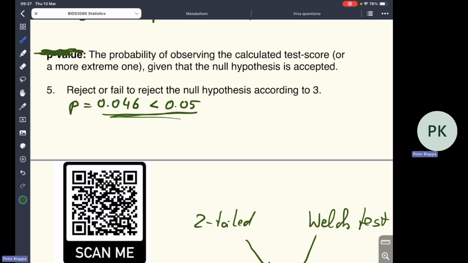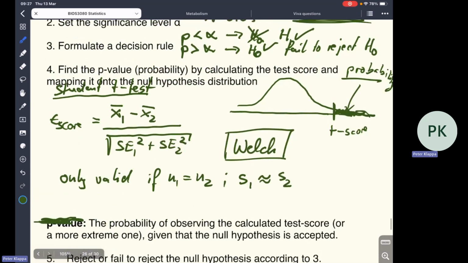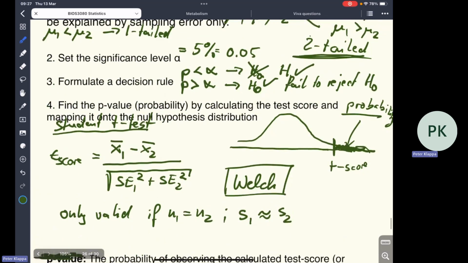Yeah, definitely smaller. Let's see what we said. We said if p-value is smaller than alpha, we reject the null hypothesis and are happy with the alternative hypothesis.